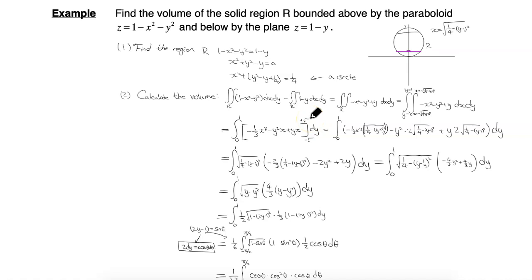Notice how this is always going to give us 2 times the square root, because we're substituting the square root and then subtracting the negative square root. So the result is negative 1 over 3 times 2 times 2 times the square root, minus y squared times 2 times the square root, plus y times 2 times the square root.